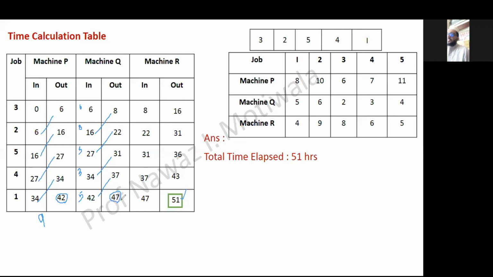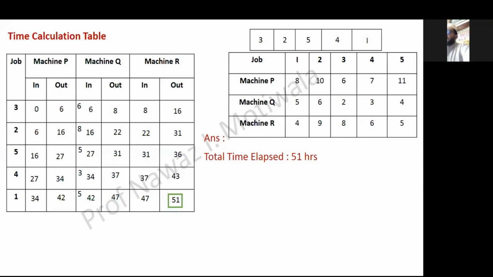So here it is 47 and here it is 51, so there is a gap of 4 hours here also. This will also add up in the idle time of machine 2. So you can see I have written all the idle times in small: 6, 8, 5, and whatever we have calculated, so I will get 3 and 5. So that is the total idle time for machine 2.